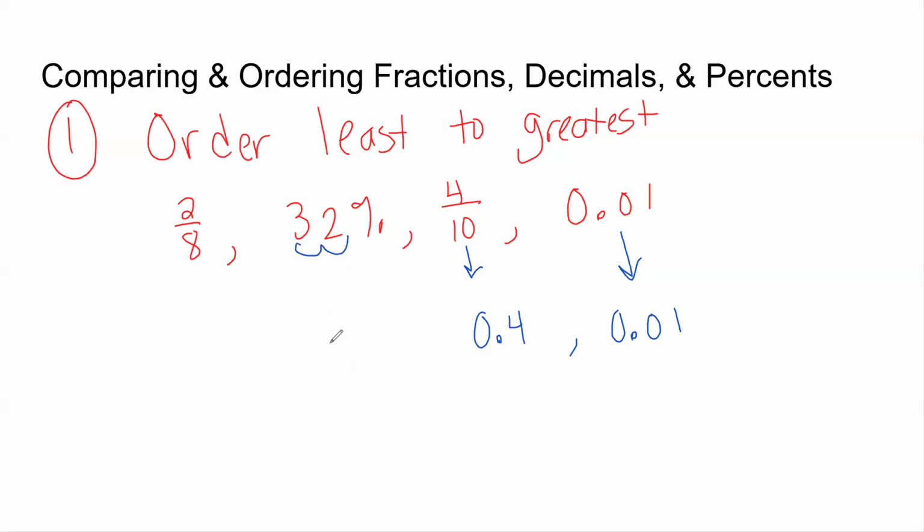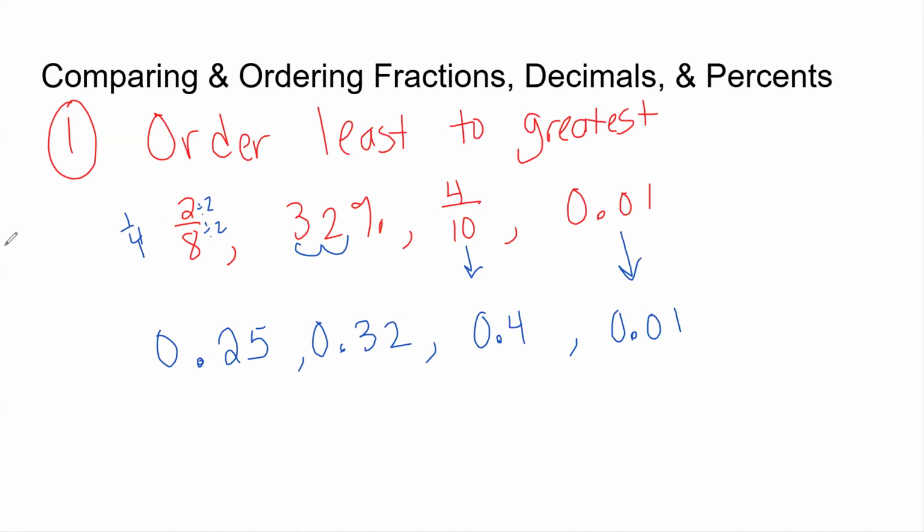Bump, bump, that would be 0.32. And then 2/8, that reduces, you can cut that in half, that's a fourth. So think of a quarter, that's 0.25. You could do long division or your calculator if you needed help.